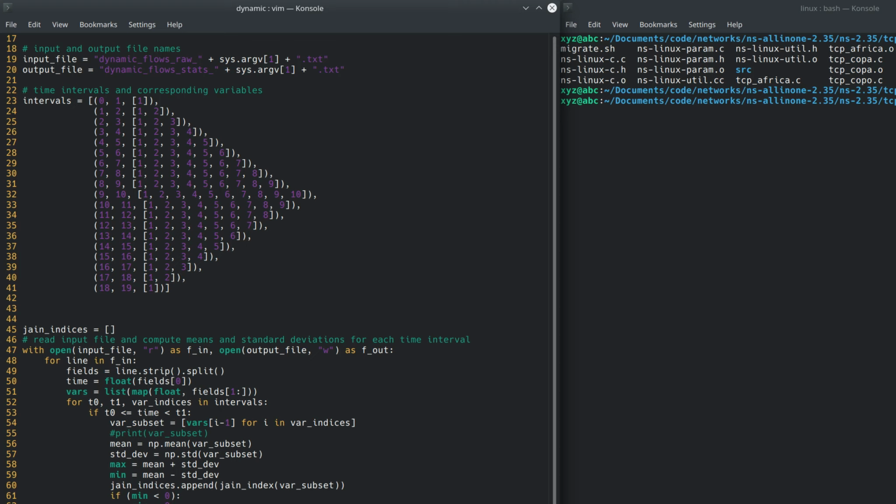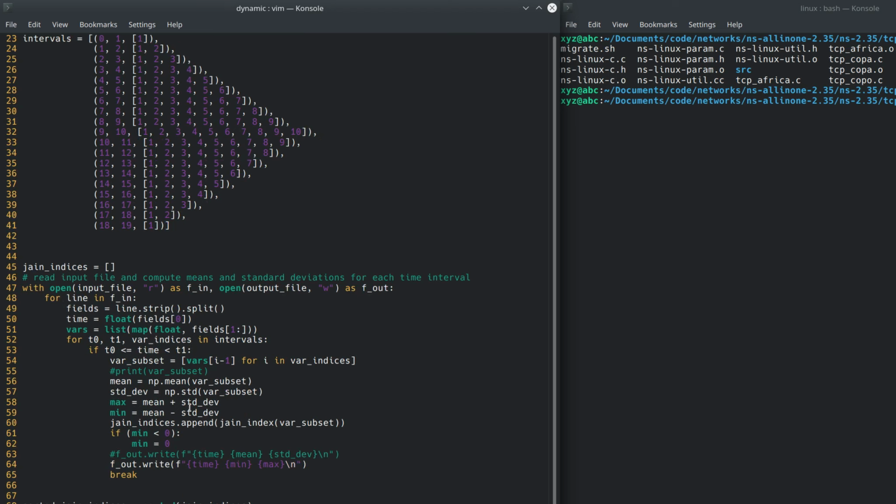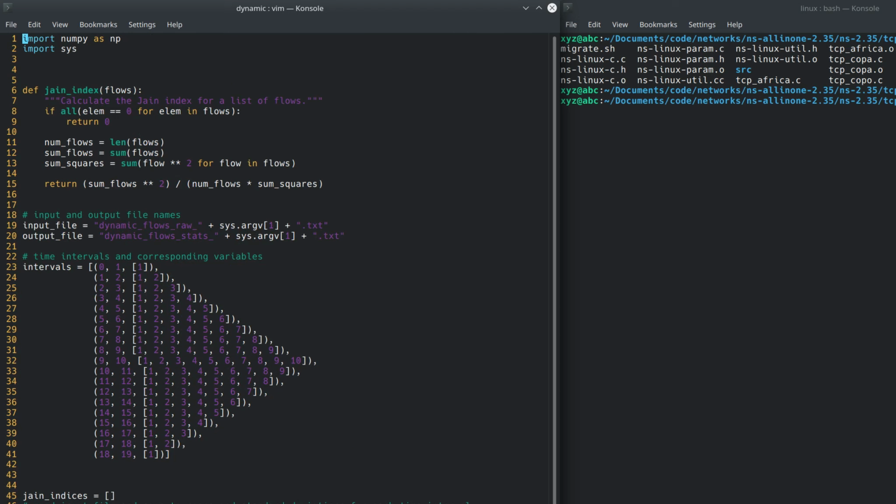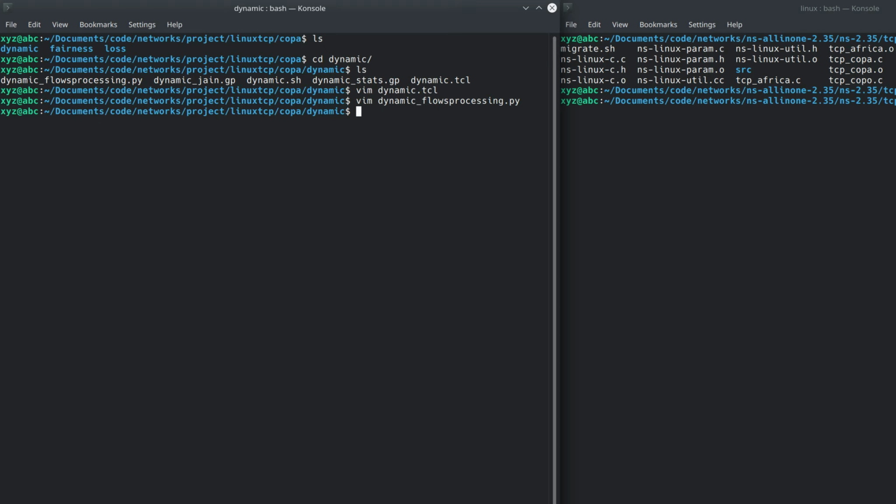Okay, and in order to show this in one plot, we're going to be plotting the Jain indices in a cumulative distribution function. Okay, so that's basically what we're going to be doing for this first experiment.